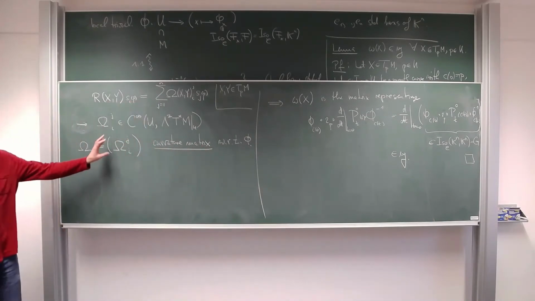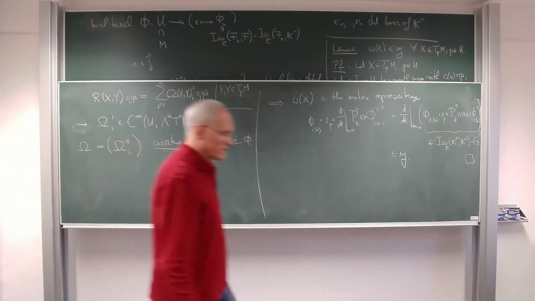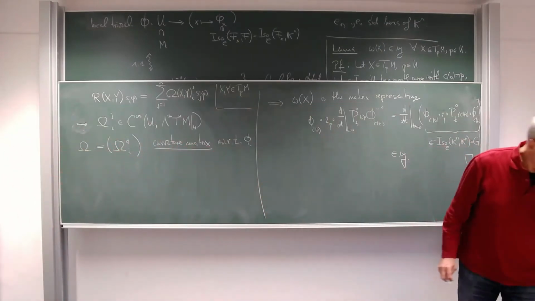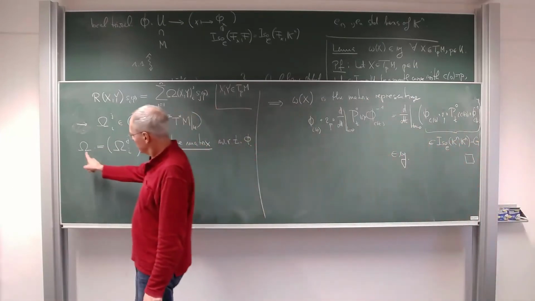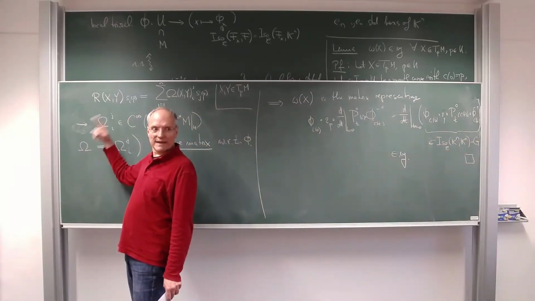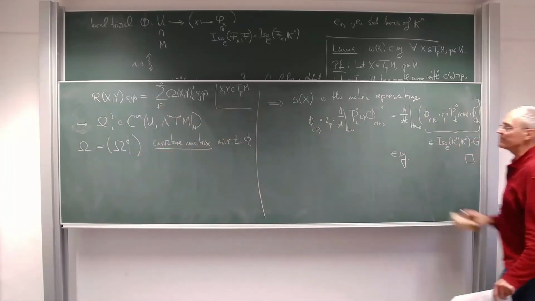Now we have an n by n matrix here, but this time the entries are two-forms rather than one-forms. And in fact, there's a nice way to compute the curvature matrix directly out of the connection matrix. That's what we want to see next.